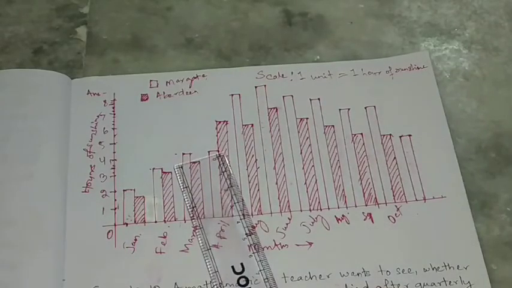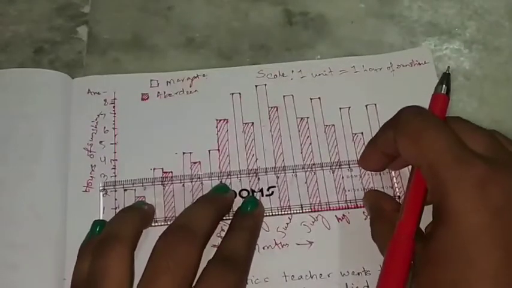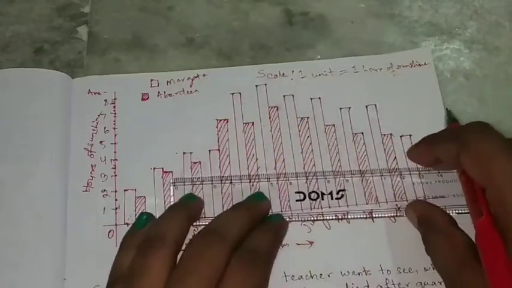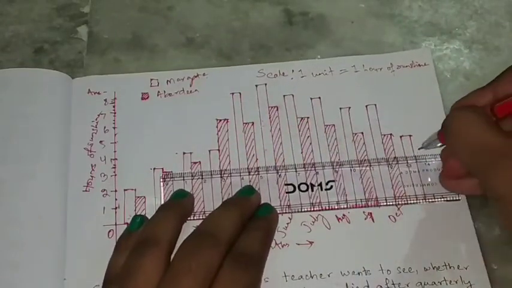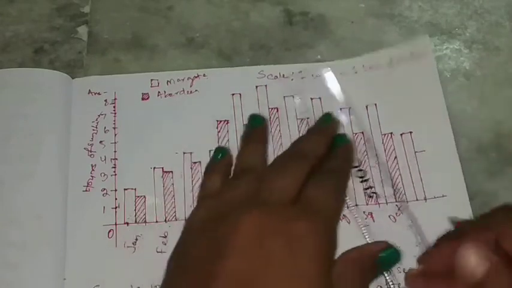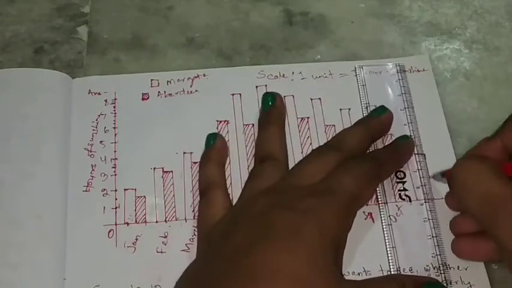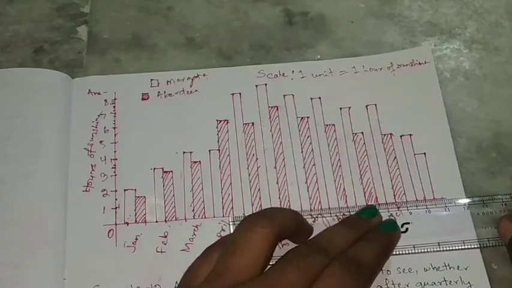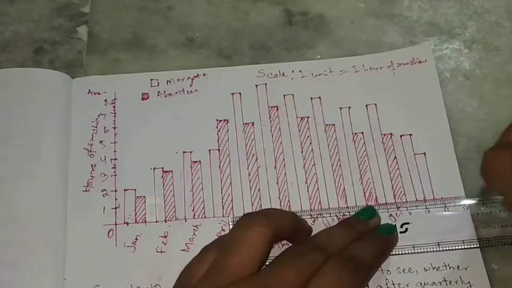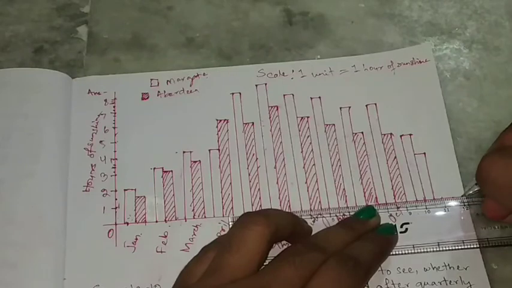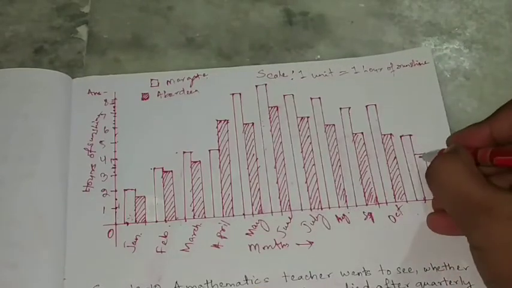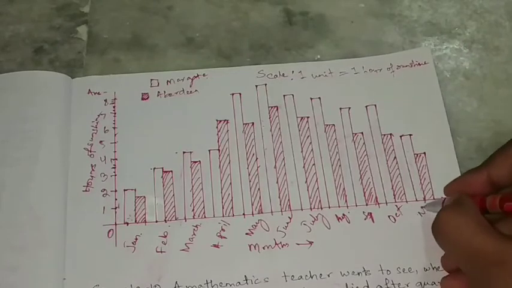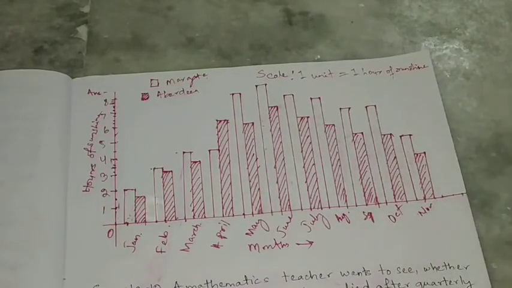And 3 hours. Where is 3? Here is 3. So this is also 3. So from here I can easily find out. This one is 4 November.